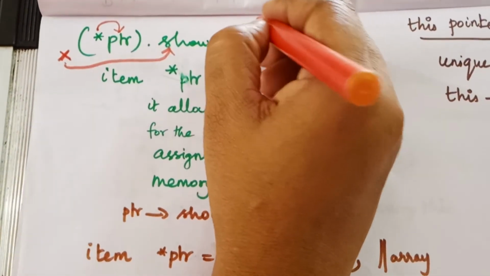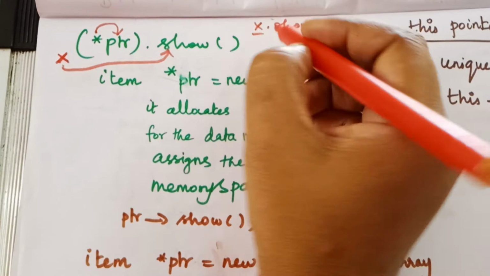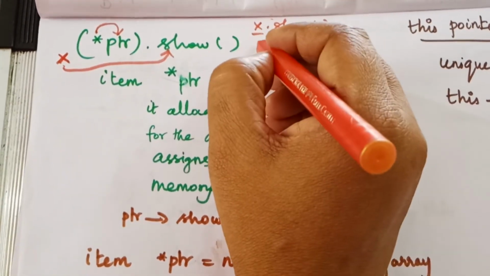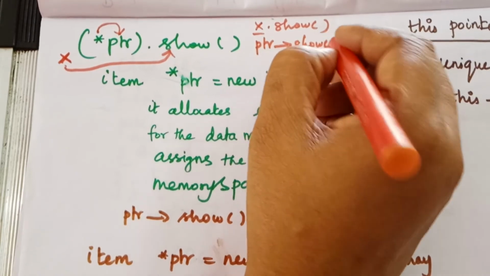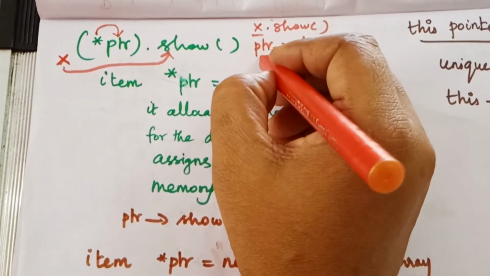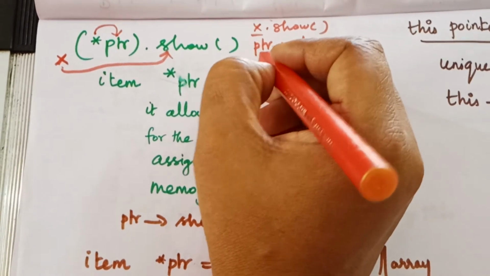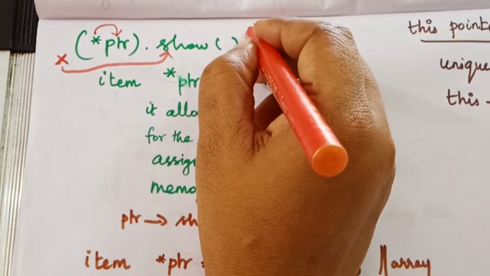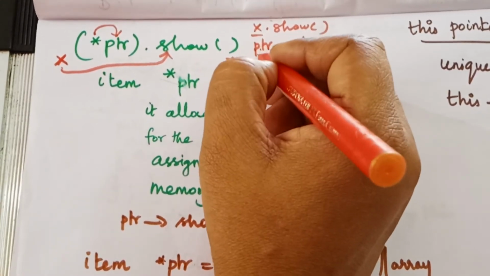One is x dot show, which just uses the object. Otherwise you can use PTR arrow show. That means you are calling for this address. What is the content in this address? The content in that address is x. So PTR represents only the address.